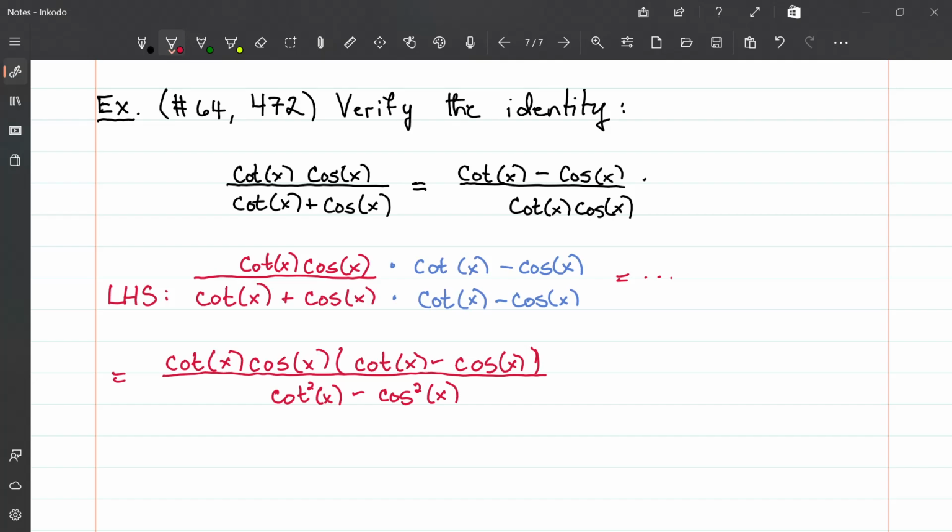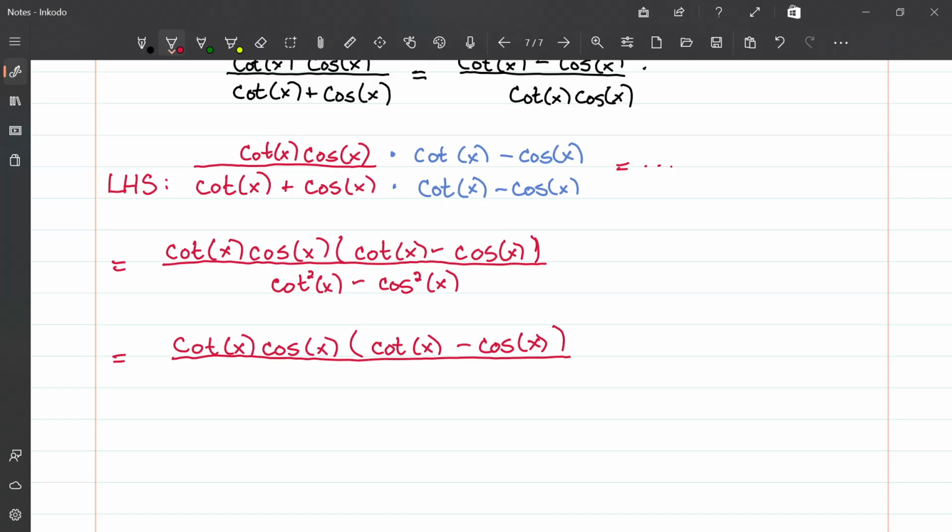When you've made a good or an obvious first step and it doesn't seem to have done anything for you, the next thing you can do is start using those quotient identities I talked about a moment ago. So let's do that.